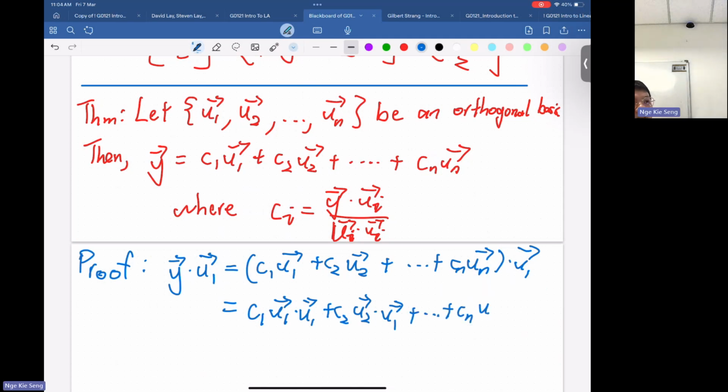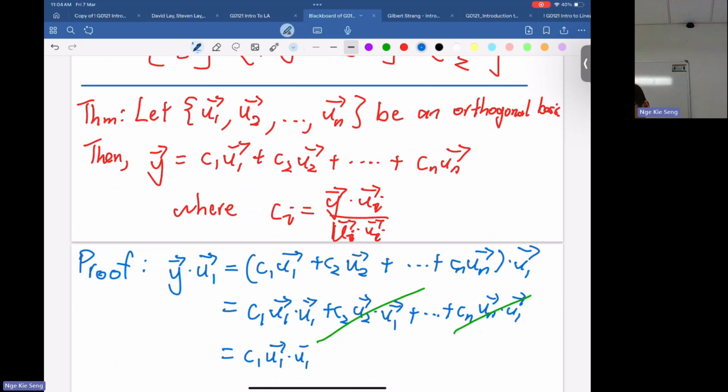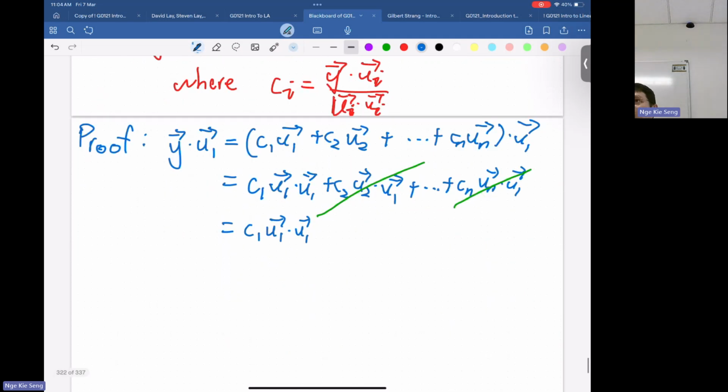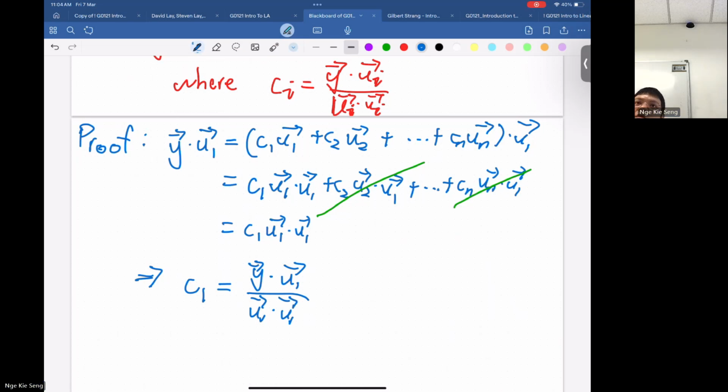They are all 0, because this is an orthogonal set. Only one guy will survive, which is c1. If you dot with ui, then the ui term will survive. Then how do you find c1 here? This implies that c1 equals y dot u1 over u1 dot u1. Right, so you do it for any i. It's the same.